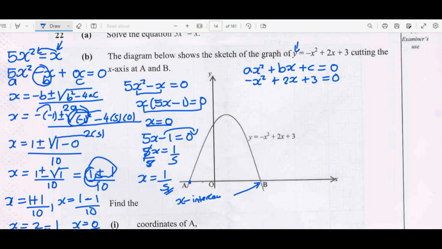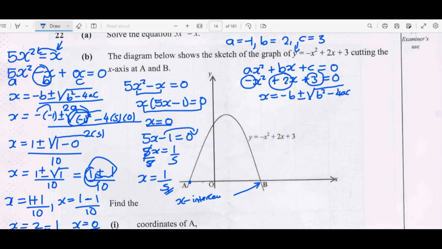Now from this we can see that the value of a is the number in front of x squared, which is negative 1. The value of b is this number, which is positive 2. The value of c is this number, which is 3. So the quadratic formula is x is equal to minus b plus or minus square root of b squared minus 4ac divided by 2a.